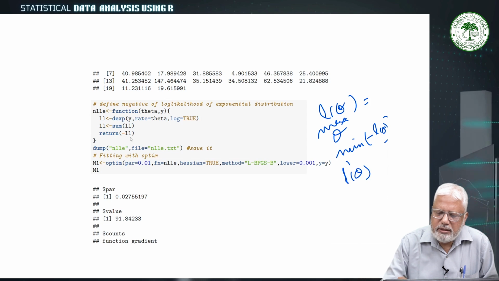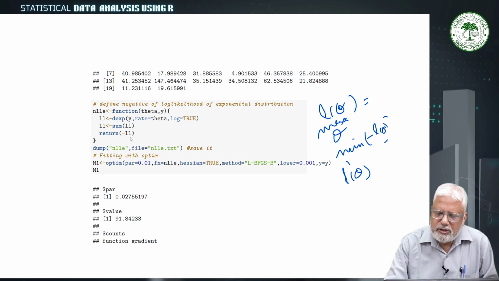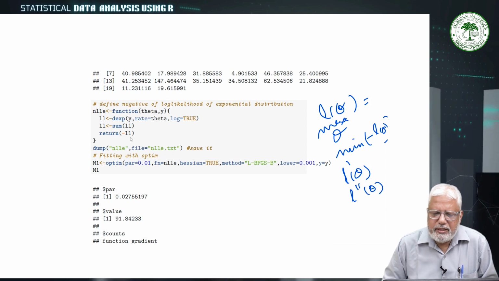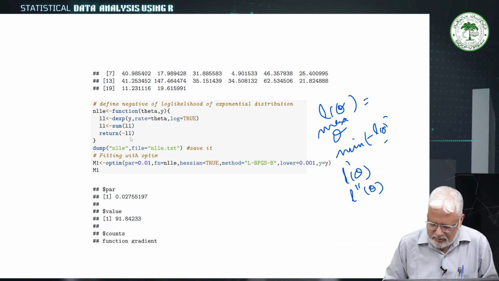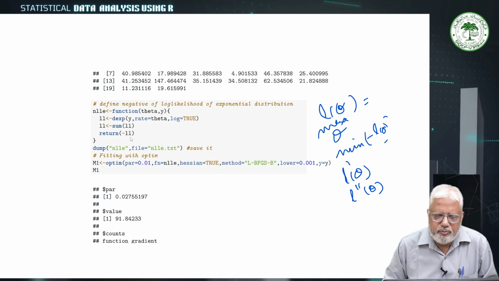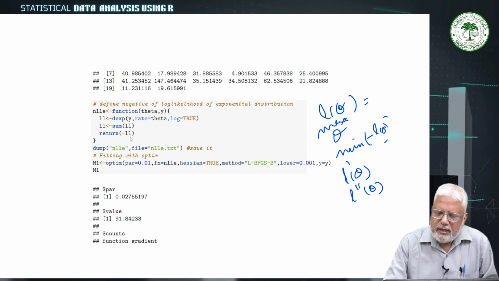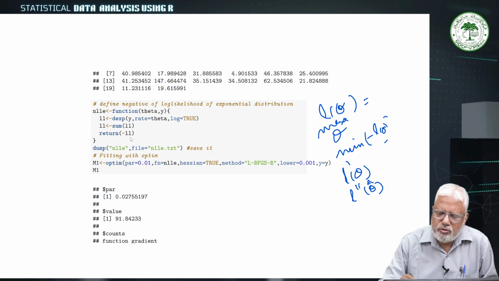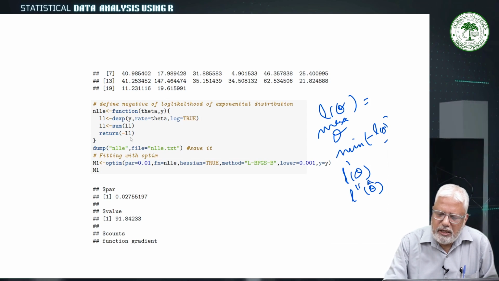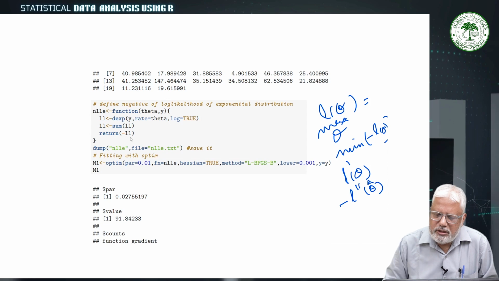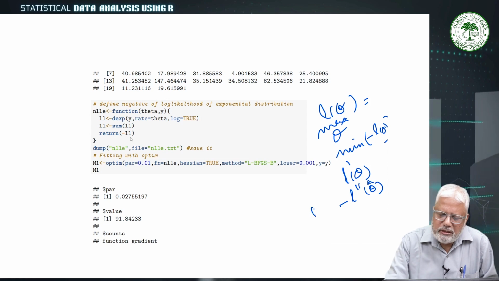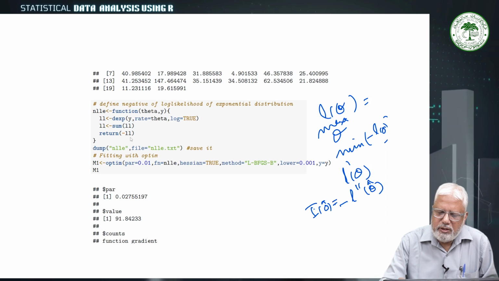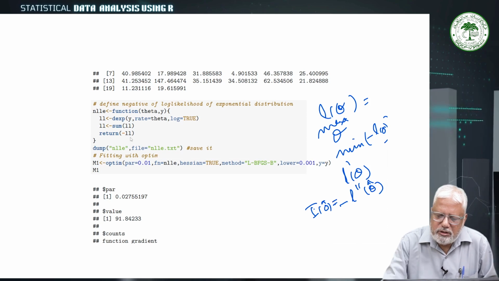L dash theta is the Jacobian, the first order partial derivative, and L double dash theta is the Hessian matrix at the optimum point, at the observed optimum point. So minus L double dash theta hat is known as the Hessian matrix, and if we take the negative of the Hessian matrix, it becomes Fisher's observed information matrix.